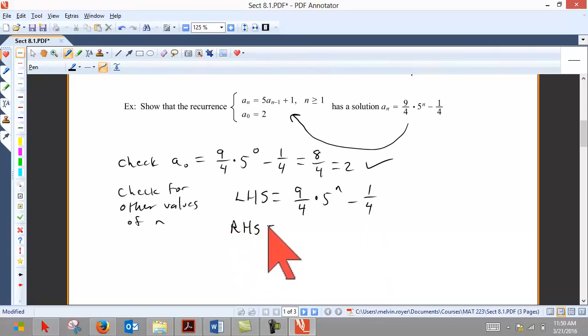And the right-hand side, and we're trying to see if we get the same thing on both sides, the right-hand side is 5 times, so careful here, this expression tells me what a sub n is. So when I want a sub n minus 1, it means I have to replace the subscript n by n minus 1, and so that comes here in the exponent. So this is 9/4 times 5 to the n minus 1 minus 1/4.